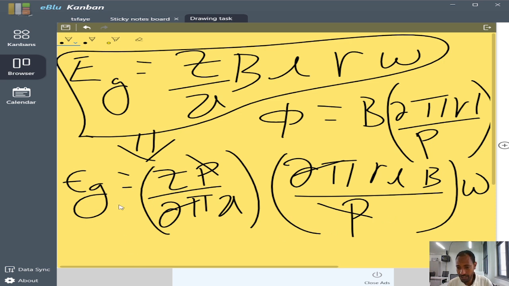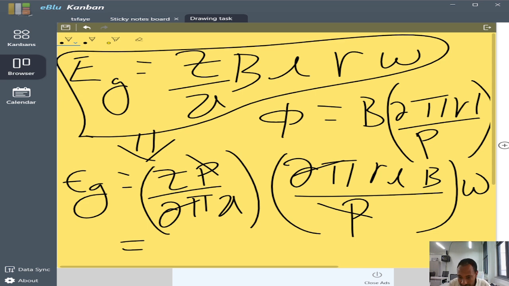If I cancel this 2 pi, this expression is going to be the same as this one. So I'm trying to express it in another form, nothing new here. So EG can be this one. If I cancel this with this, the remaining is this one.